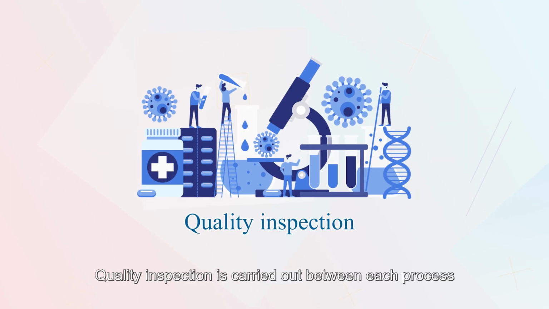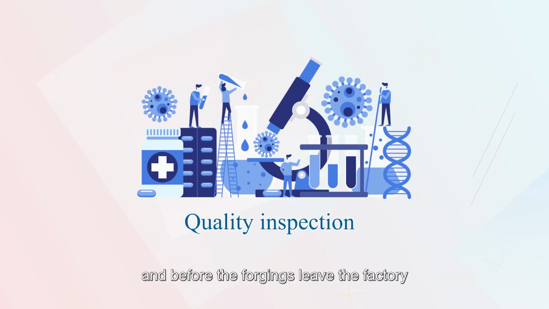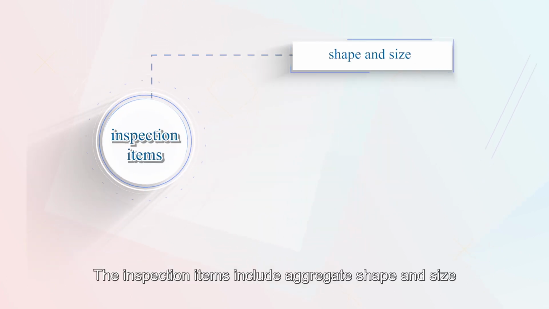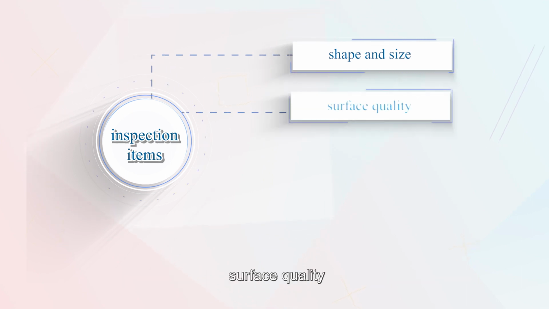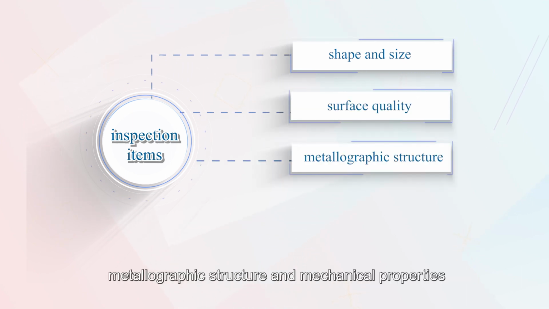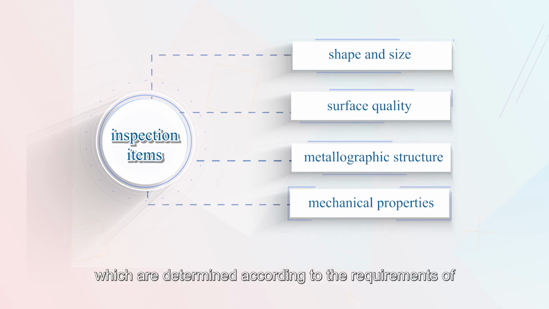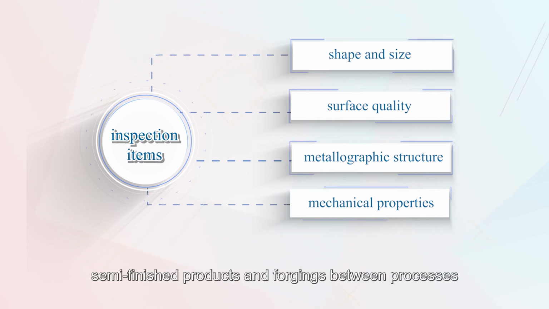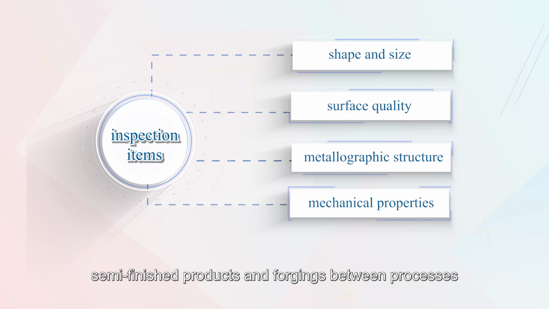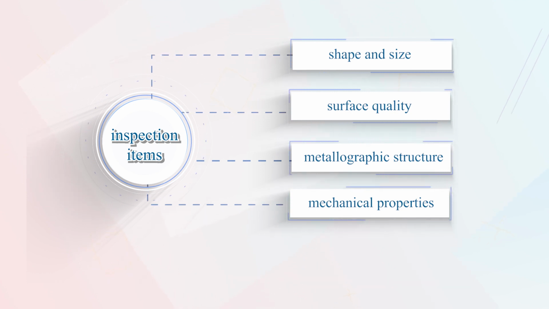Quality inspection is carried out between each process and before the forgings leave the factory. The inspection items include shape and size, surface quality, metallic structure, and mechanical properties, etc., which are determined according to the requirements of semi-finished products and forgings between the processes.